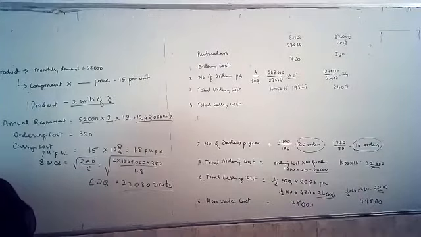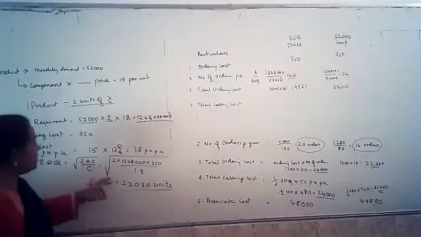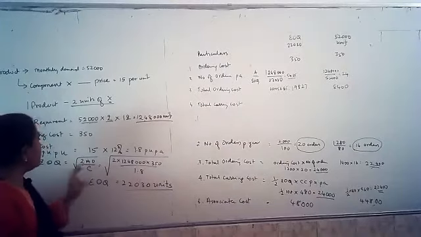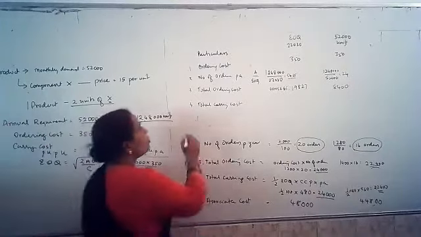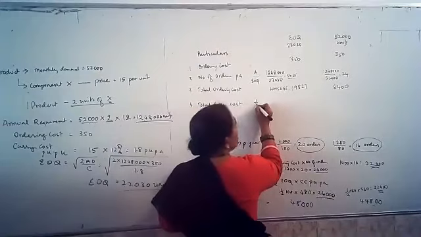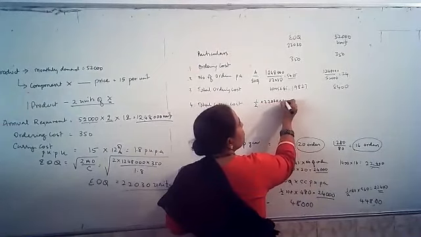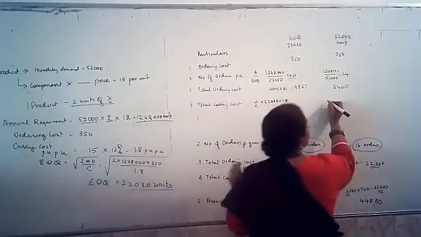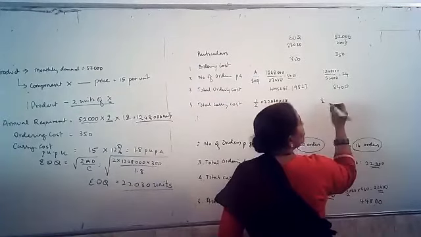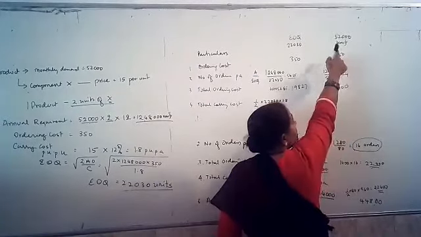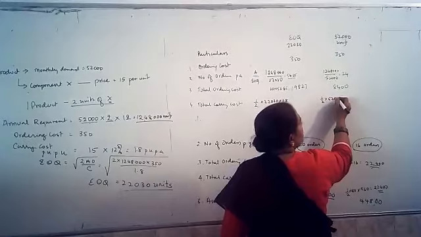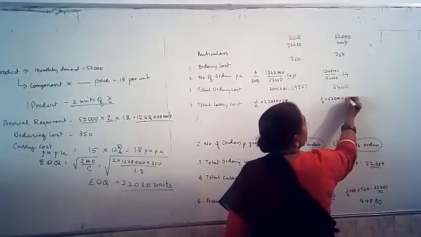Carrying cost per unit per annum is 1 rupee 80 paise, which we have already calculated. So total carrying cost is half of 22,030 multiplied by 1.8. But here, half of EOQ does not apply. How much am I ordering here? 52,000.